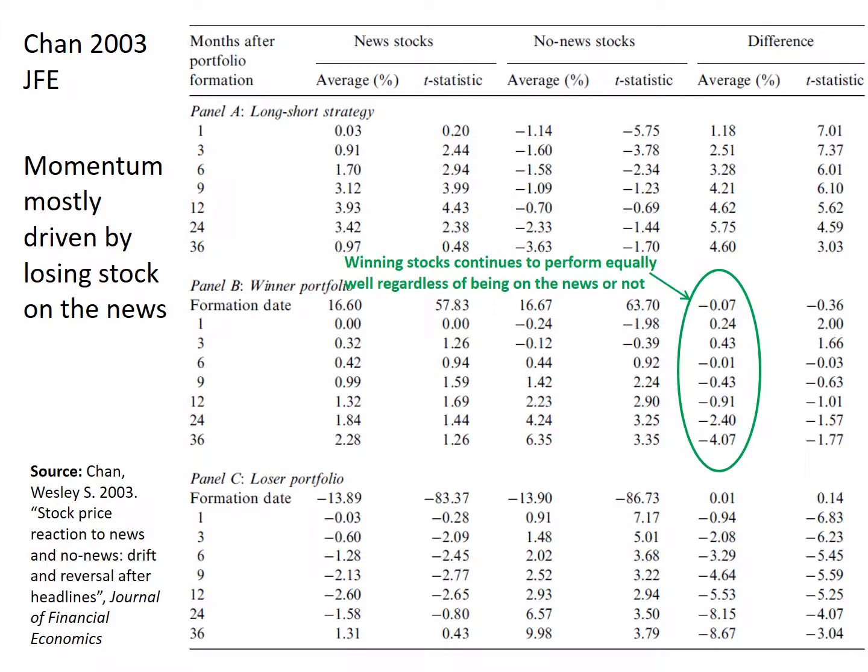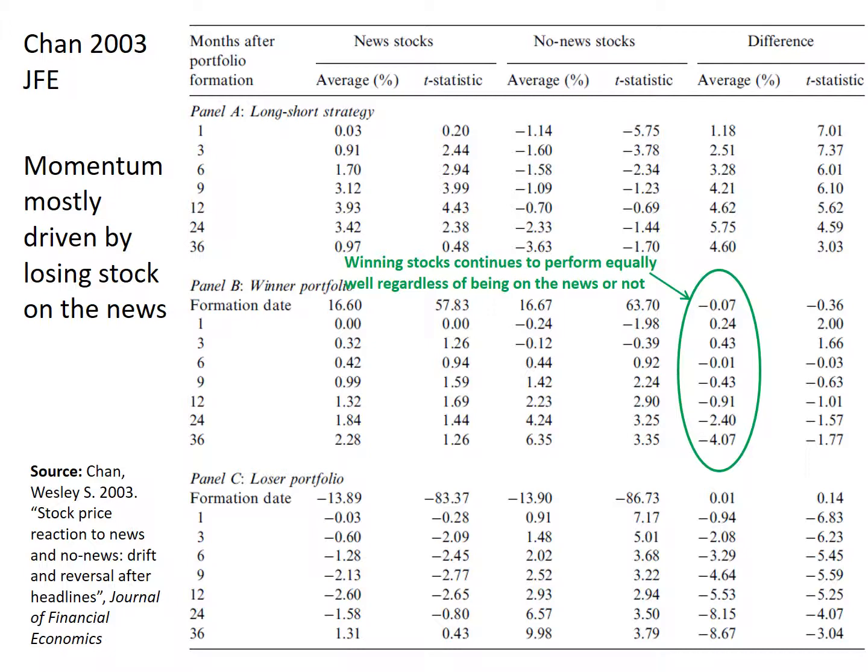They separate stocks into stocks with news and stocks with no news. They look at their average return. And then they separate the stocks into winning stocks and losing stocks. Sorry, I got it wrong.